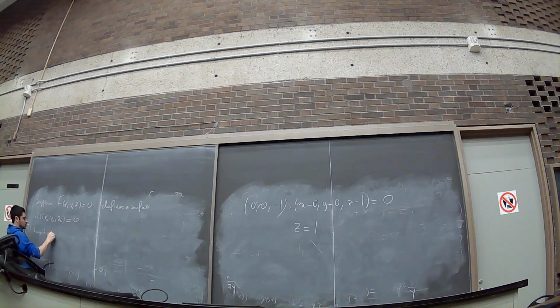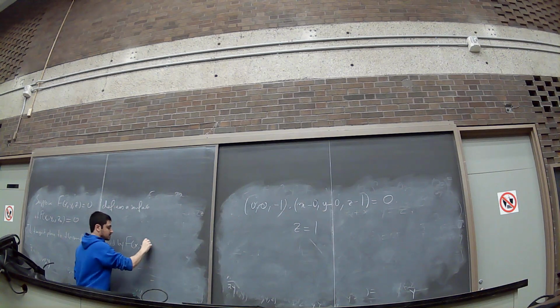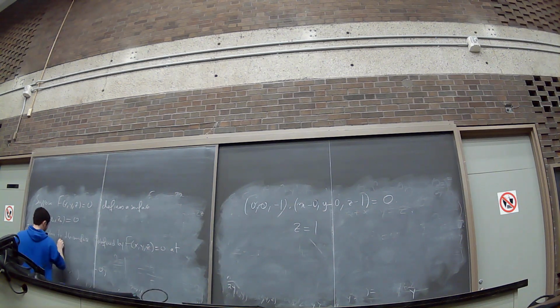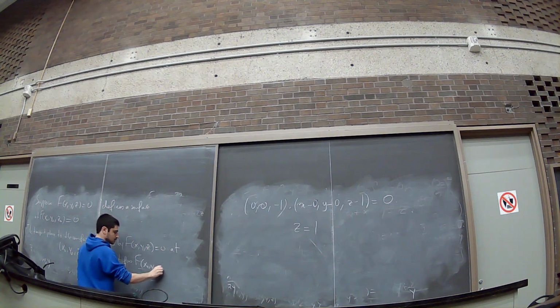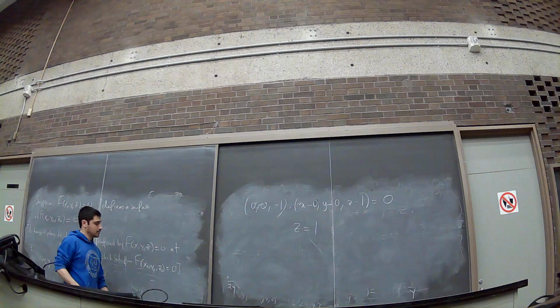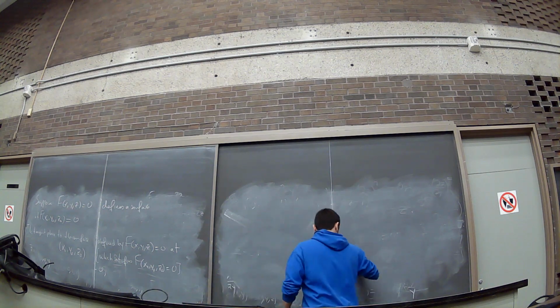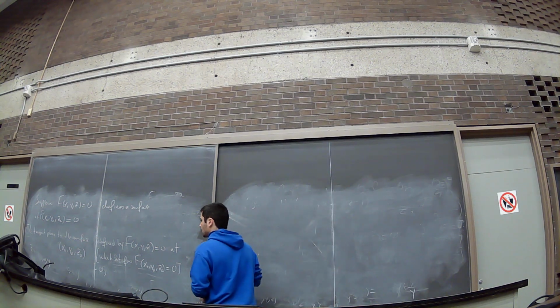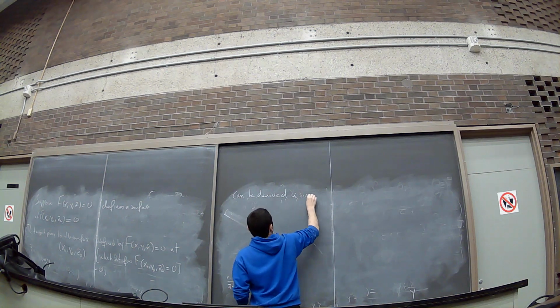The tangent plane to the surface defined by fxyz is equal to 0 at x0, y0, z0, which satisfies the equation, is given by, can be derived using the following.